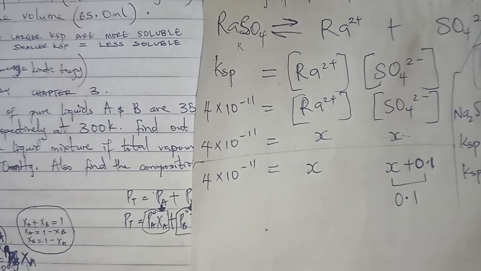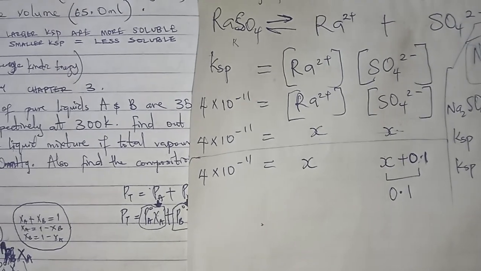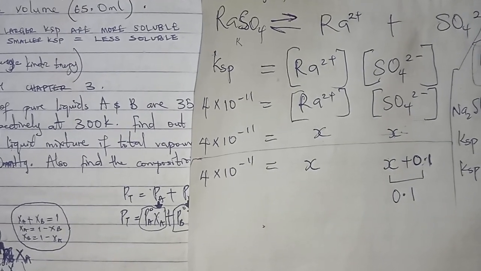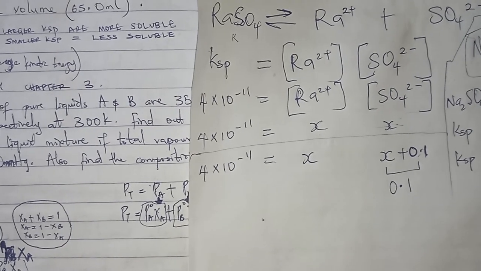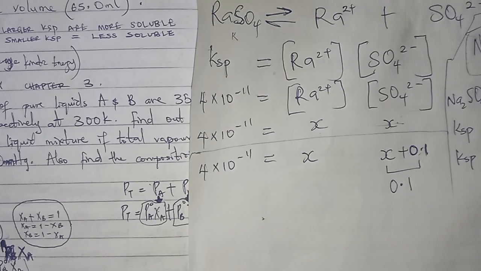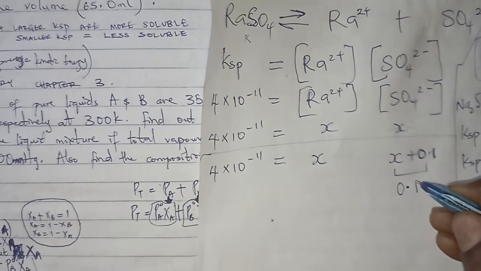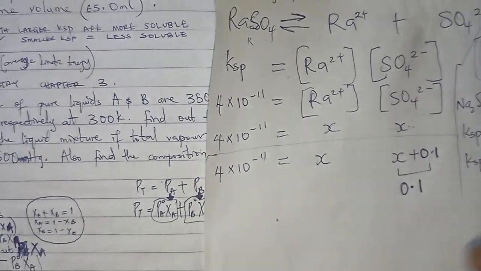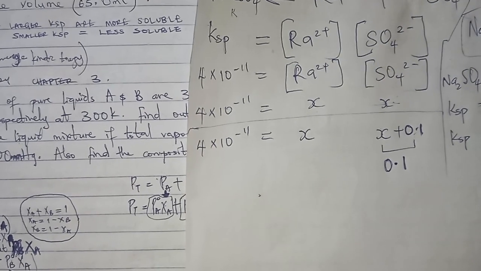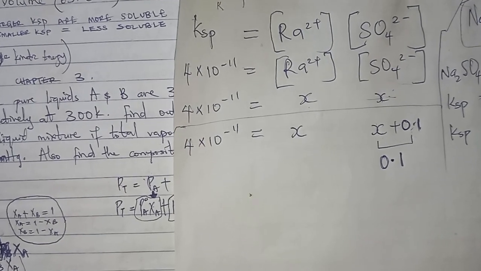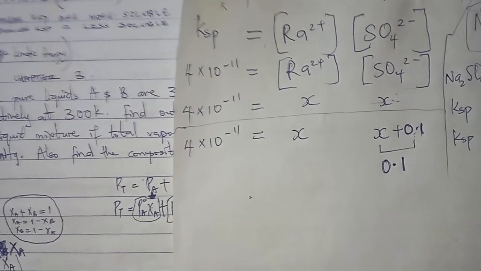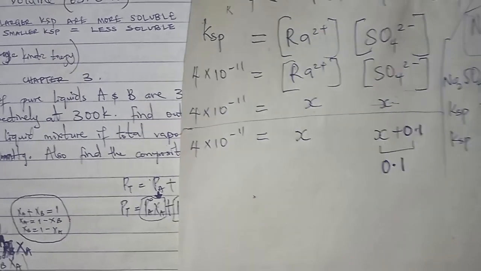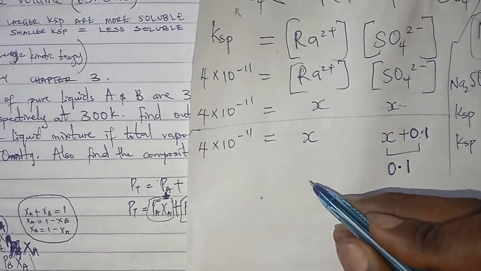But if I find any ion of a particular solute inside another solvent, I just replace it with whatever concentration I have there for that. So that is how you go about it when the ion of a solute is being furnished by the ion of another, which is the solvent.